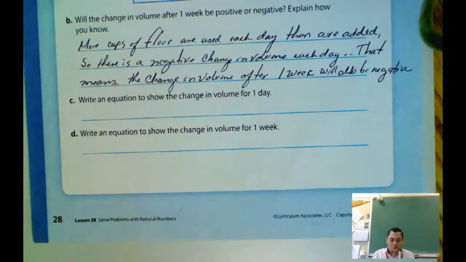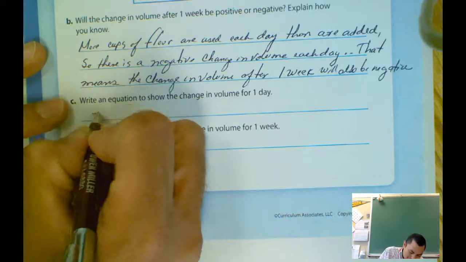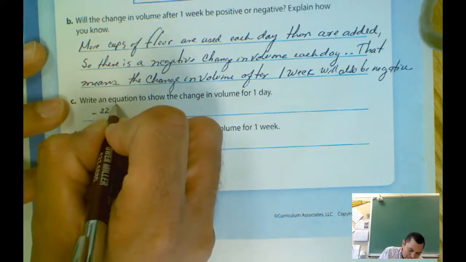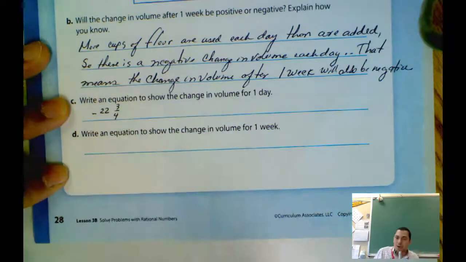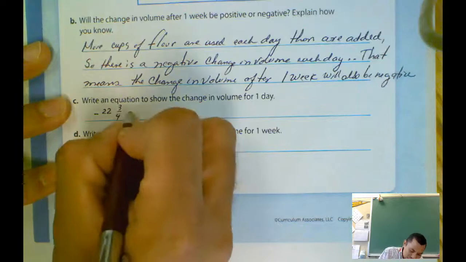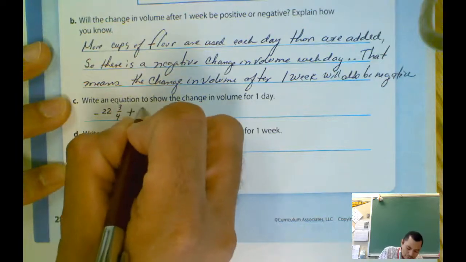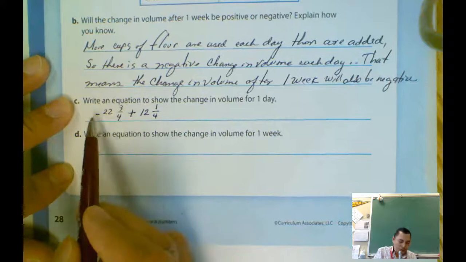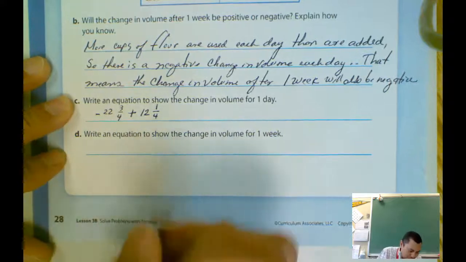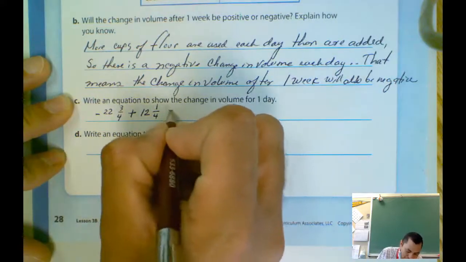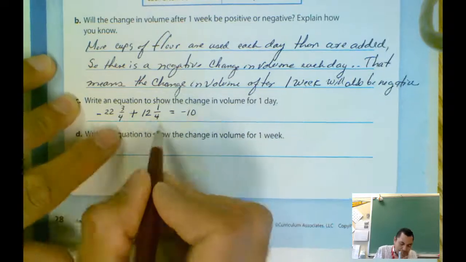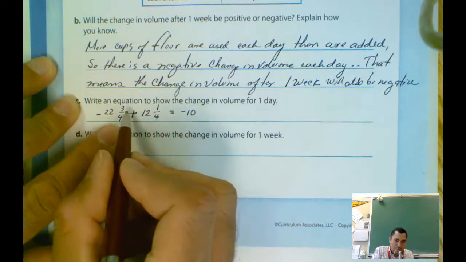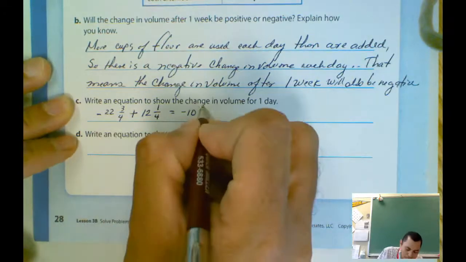In this case, for 1 day, she takes 22 and 3/4 of the flour, and then she adds 12 and 1/4. We can add those numbers. So you have negative 22 plus 12 is equal to negative 10, and then you have 3/4 and 1/4 is equal to 1/2.